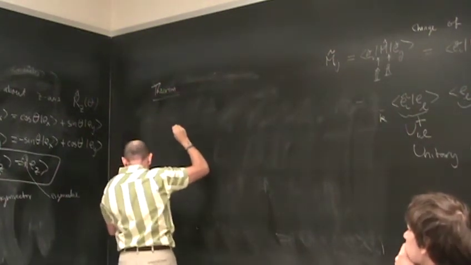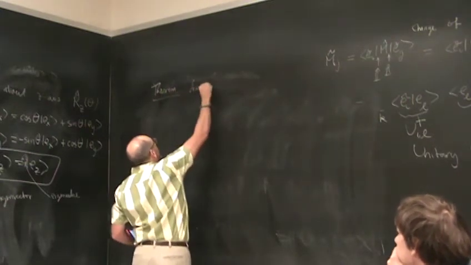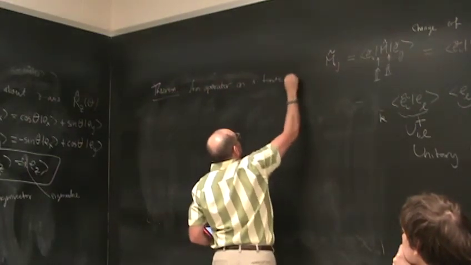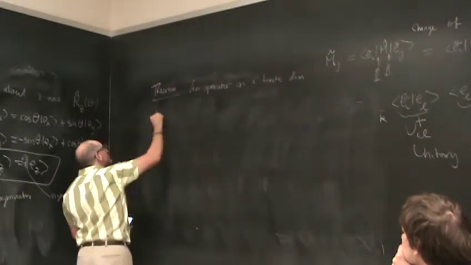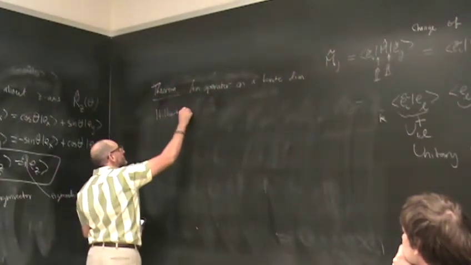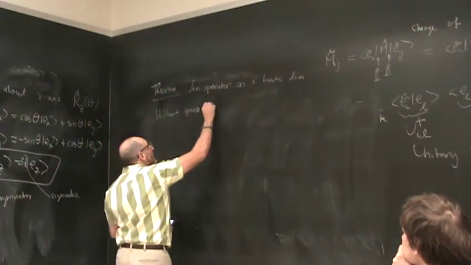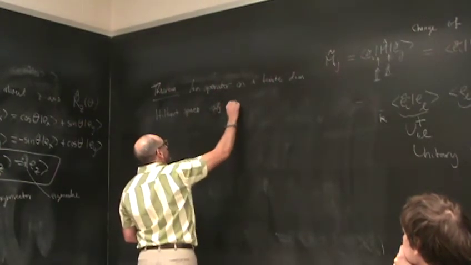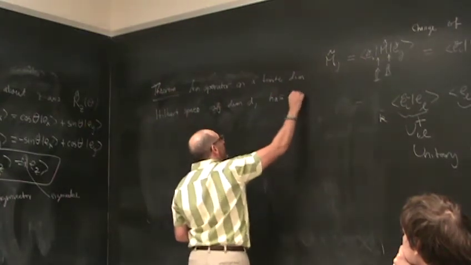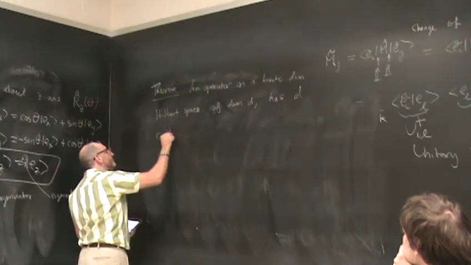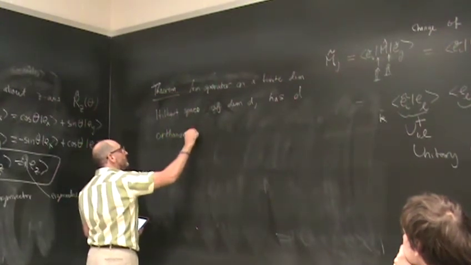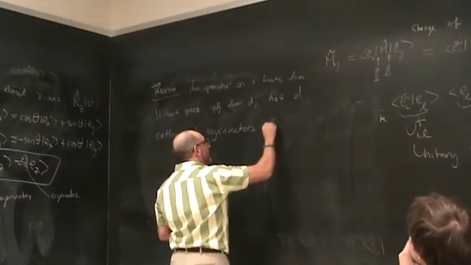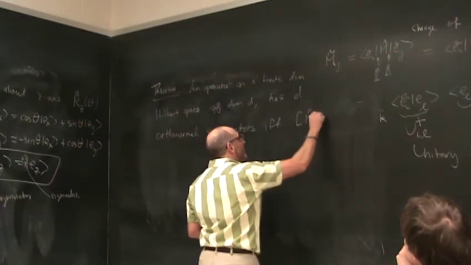An operator M on a finite dimensional Hilbert space of dimension d has d orthonormal eigenvectors if and only if M commutes with its adjoint.